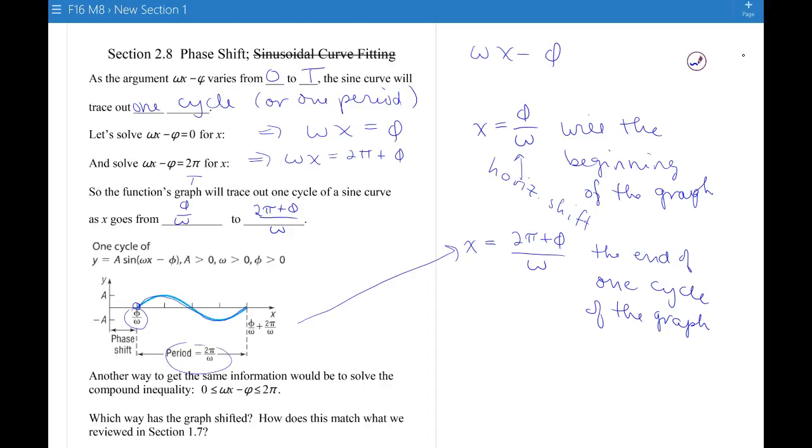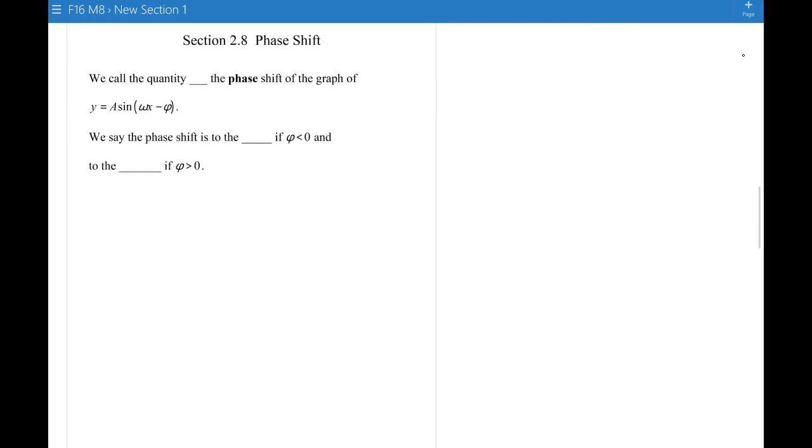So which way has the graph shifted? To the right. This is the confusing one. When we have omega x minus phi, we shift to the right. So that matches what we studied in section 1.7. So we call the quantity phi over omega the phase shift of the graph.